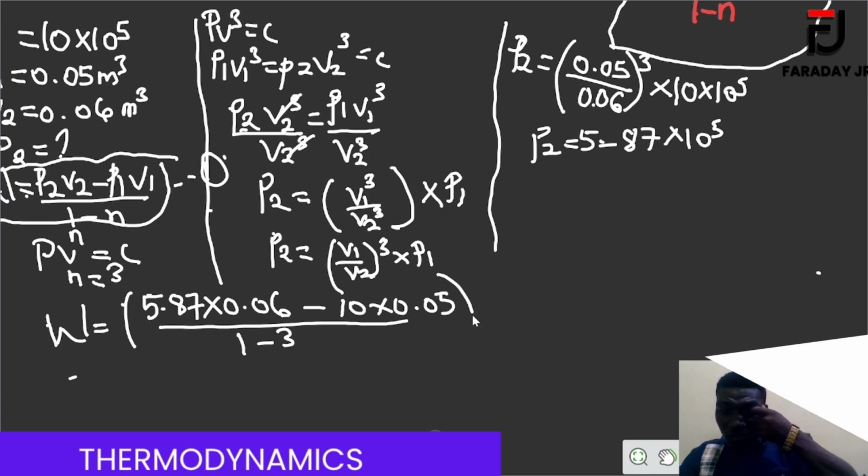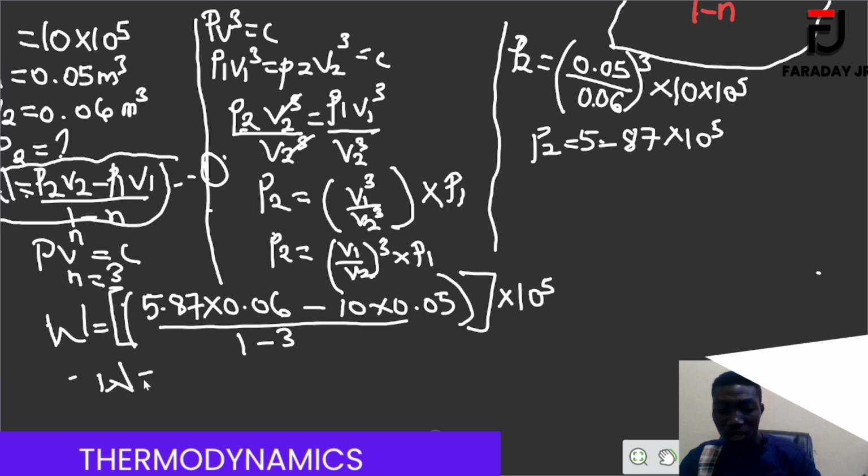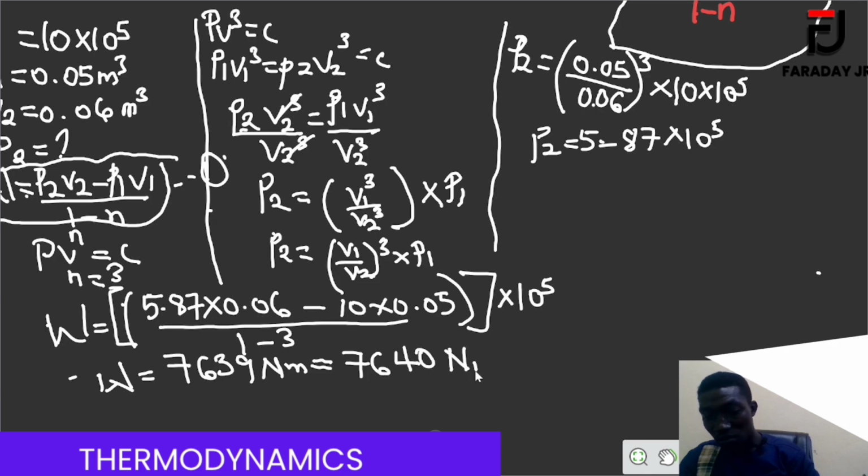Then we bring this here and times 10 to the power of 5, because we have factorized the 10 to the power of 5 from it. So we're going to have our W, that is our work done, to be equal to 7639 Newton meter, which is approximately 7640 Newton meter.